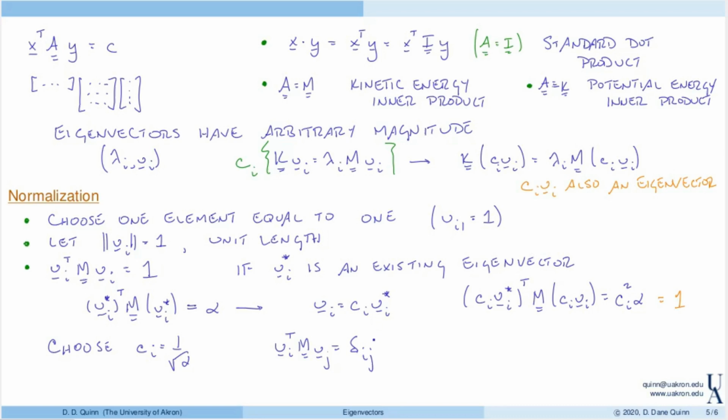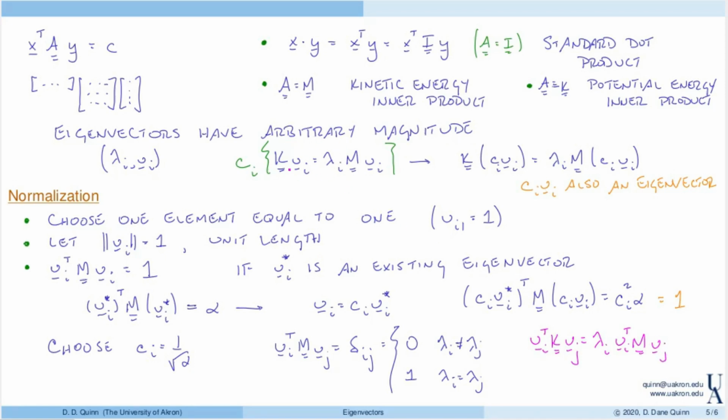So what that means is that u_i transpose times M times u_j is equal to delta_ij, where delta is known as the Kronecker delta, and it's equal to 0 if lambda_i is not equal to lambda_j, and it's equal to 1 if lambda_i equals lambda_j. Moreover, we can show that u_i transpose K u_j, which was equal to lambda_i times u_i transpose M u_j.